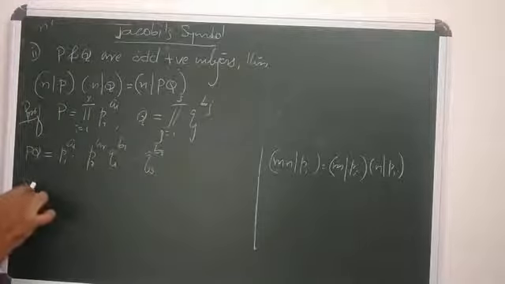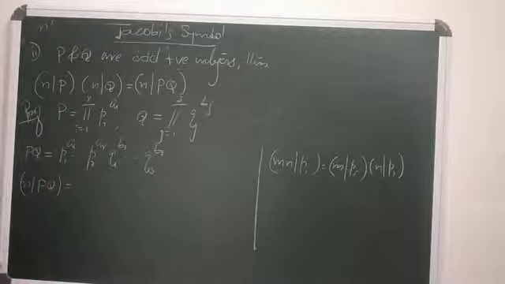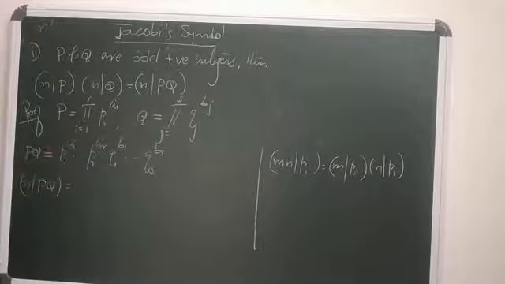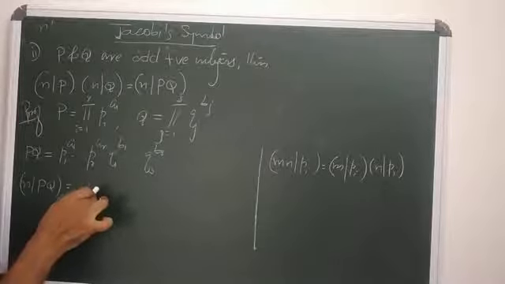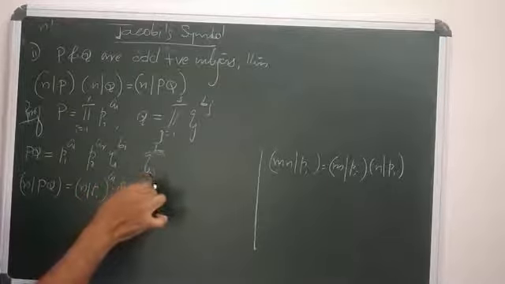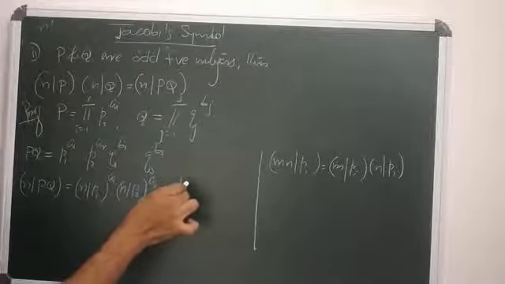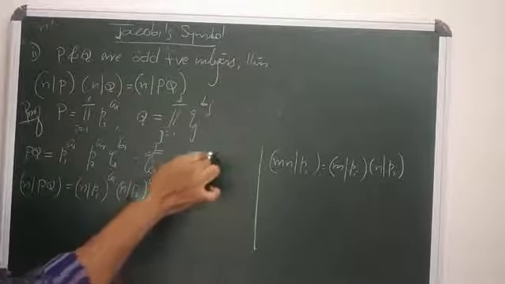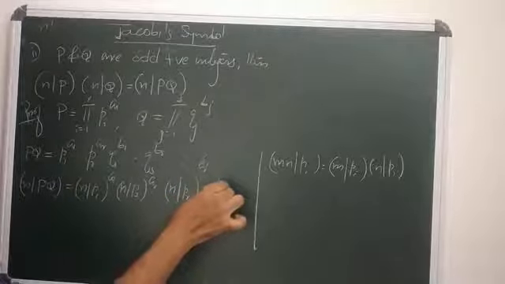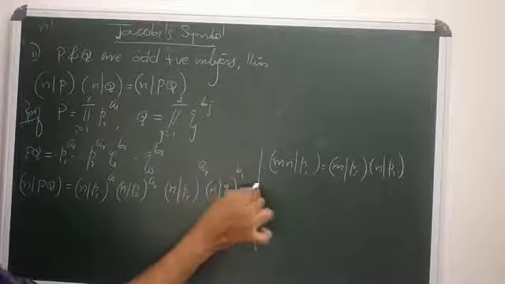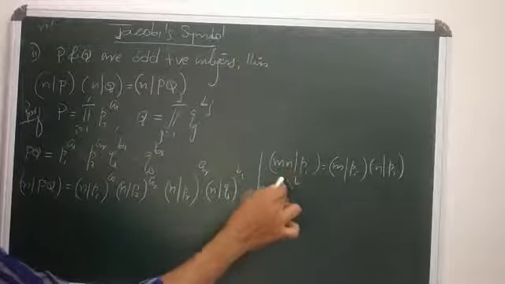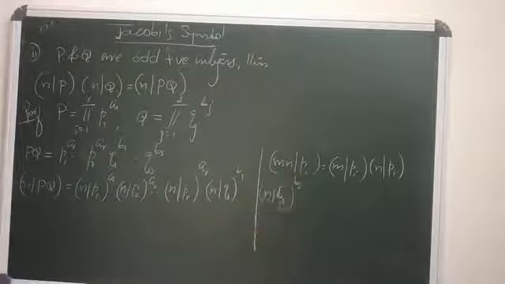So what is (n/pq)? Since pq has this prime factorization, (n/pq) is (n/p_1) to the power a_1 into (n/p_2) to the power a_2 and so on, into (n/p_r) to the power a_r, by the definition of the Jacobi symbol, into (n/q_1) to the power b_1 and so on, into (n/q_s) to the power b_s.